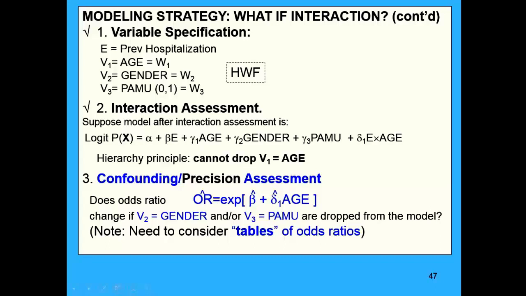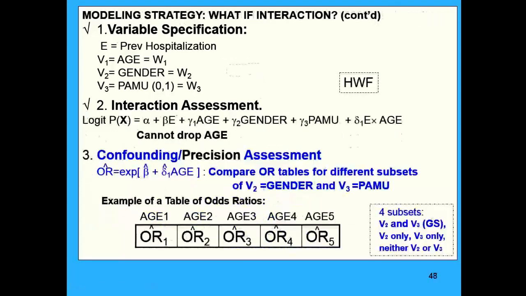So the question now is the same question: does the odds ratio change depending on whether you drop one or more variables? But now we're not talking about a single odds ratio. We're talking about tables of odds ratios. To illustrate that, suppose we consider different values of age, the effect modifier. If we plug different values of age into that odds ratio formula, we'll get a bunch of different odds ratios. For the gold standard model, if we have 5 ages, we'll get 5 different odds ratios that reflect the fact that age is an effect modifier.